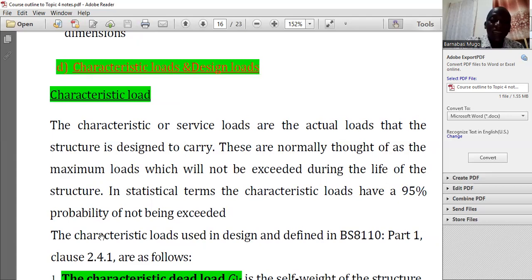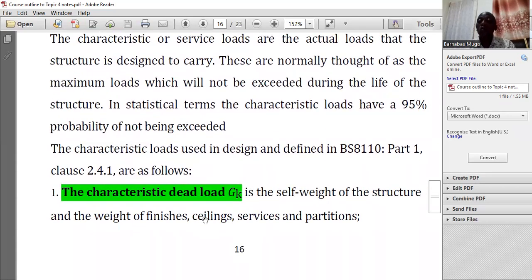When we are looking at the characteristic load, we are looking at both the dead load and the live load. The dead load is given the abbreviation Gk, as you can see from number 1.